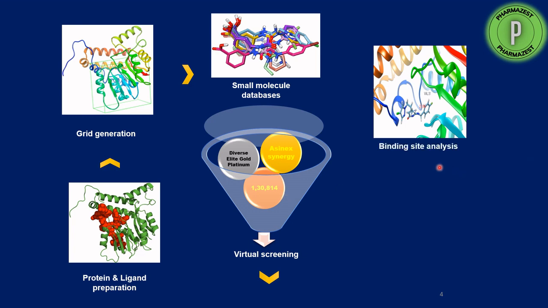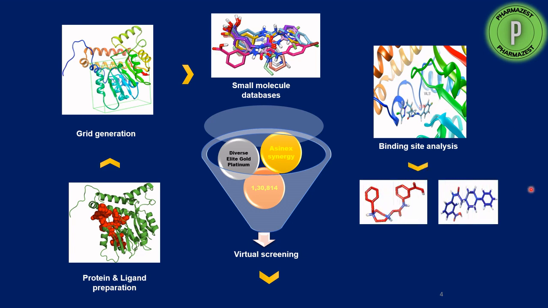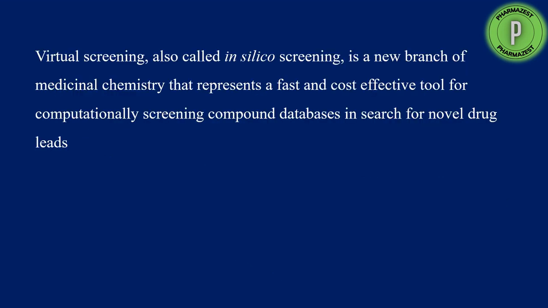And then we do the binding site analysis. In this binding site analysis, for the lead molecules which are obtained, we check for the interaction of these ligands with the protein. After that binding site analysis, finally we come to a manageable number of potential leads. These potential leads can be taken up for further study.